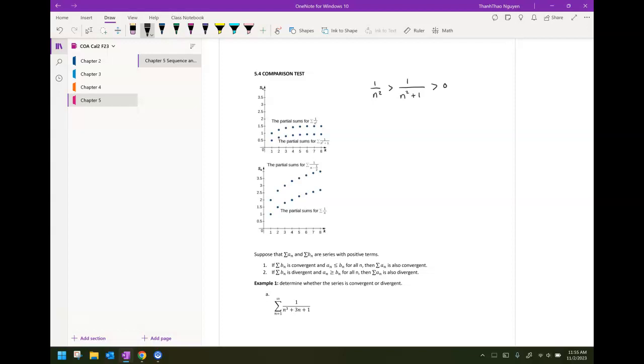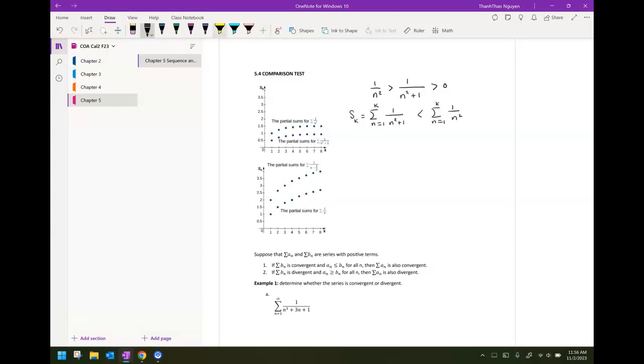This meant the sum for n equal 1 to k, the k partial sum of 1 over n squared plus 1 is less than the sum from n equal 1 to k of 1 over n squared.